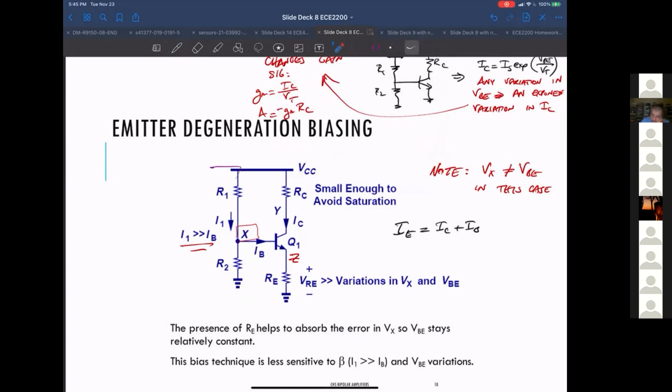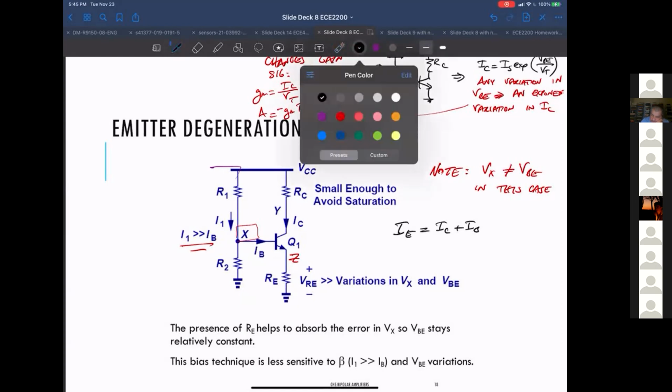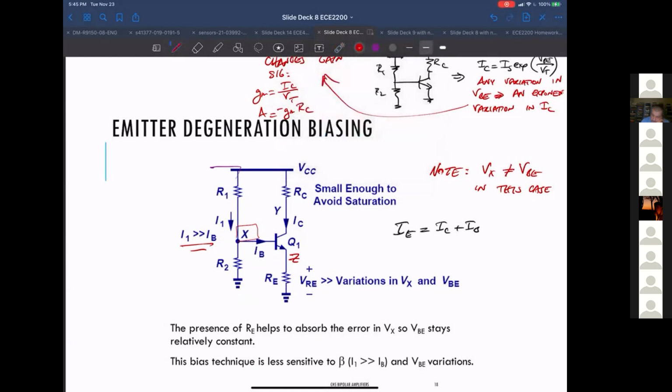That is this current I sub E, which is the same current that runs through R sub E. So it's this current plus this current: this goes into the collector, this goes into the base, and they flow out of the emitter.